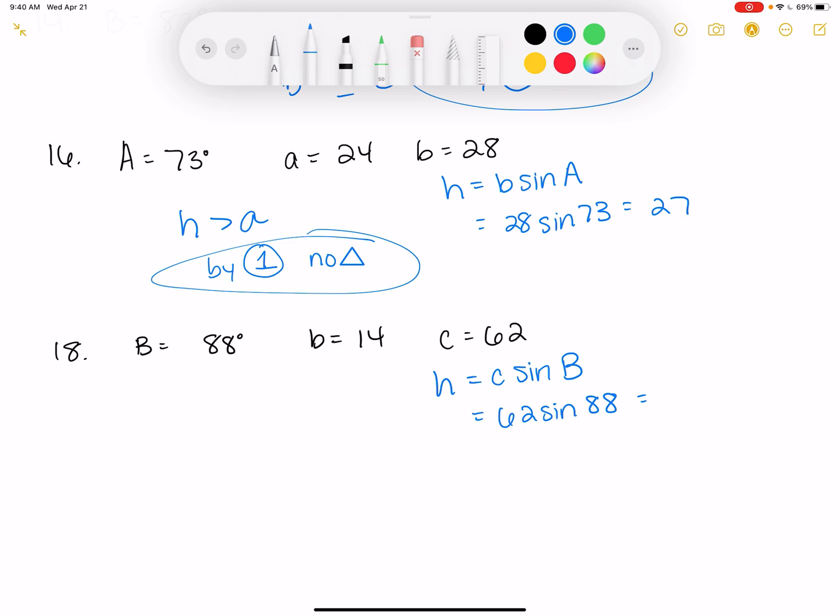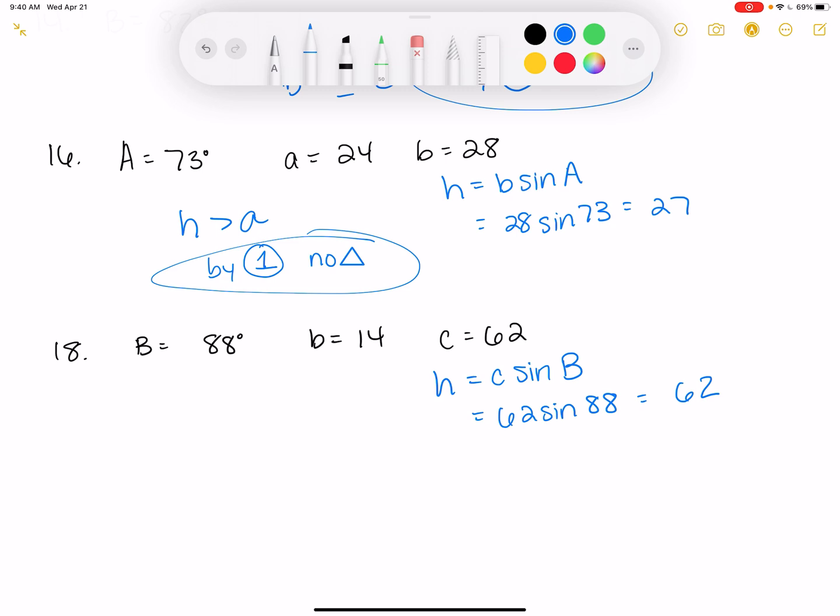Oh, that's because I did sine of 8 by mistake. That makes sense because the sine of 90 is what? 1. So that's like 62 times 1. It's not quite 1, but it's close to it. That makes sense, right?